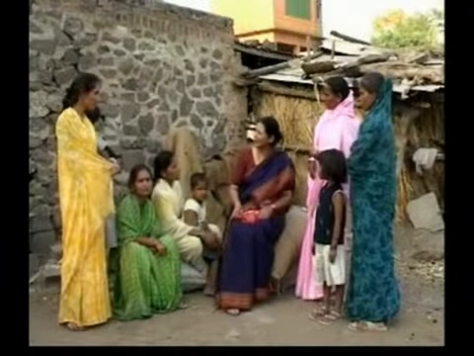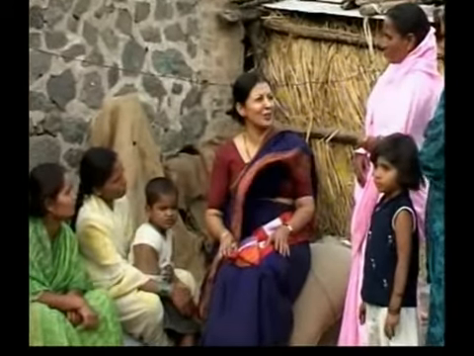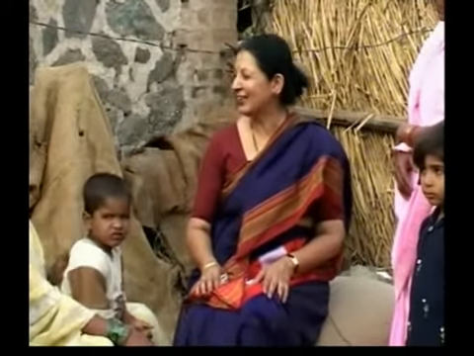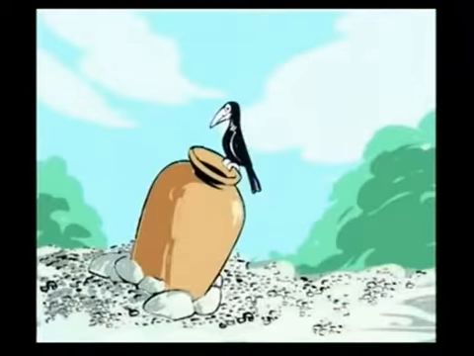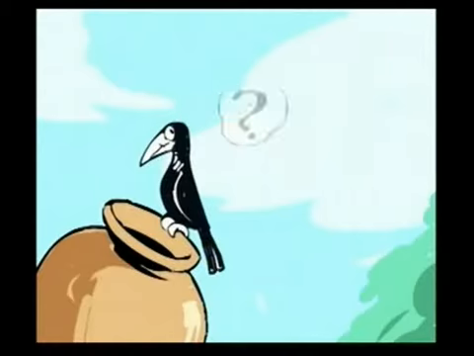This is Lakshmi, who helped Mangala to join an SHG. She has been helping many poor women in the villages to form SHGs in their localities. She works for an NGO. We know that self-help is the best help.